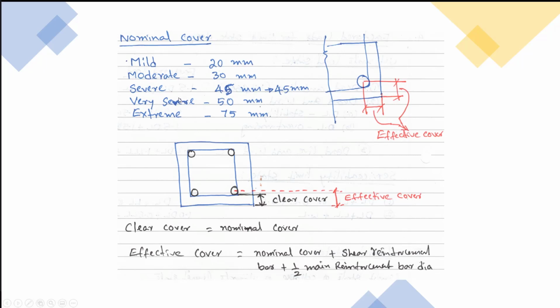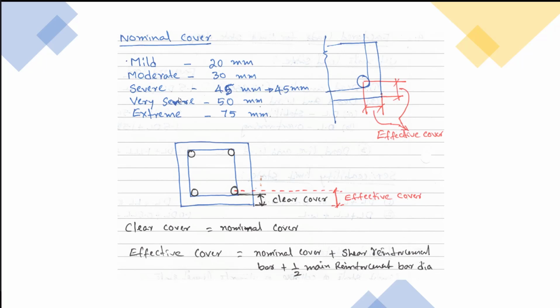These covers depend not only on the exposure conditions but also on the structure we are constructing. For example, for beams, even in normal conditions, 20 mm, while for the same structure's foundation we may go up to 40 mm, because it will definitely be exposed to the underground. There may be water content, all those things will be there.